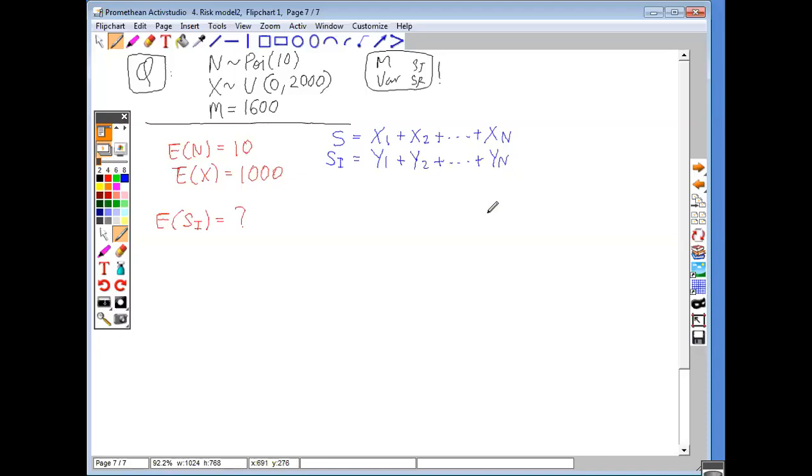Okay, so now if I have to figure out the expectation of SI, I am indeed trying to figure out the expectation of this sum here. So now I know what I'm looking at when I say SI. If I have to write the expectation of SI, how can I rewrite this? Expectation of Y1 plus Y2 up till YN. Yes. Anything else that I can do?